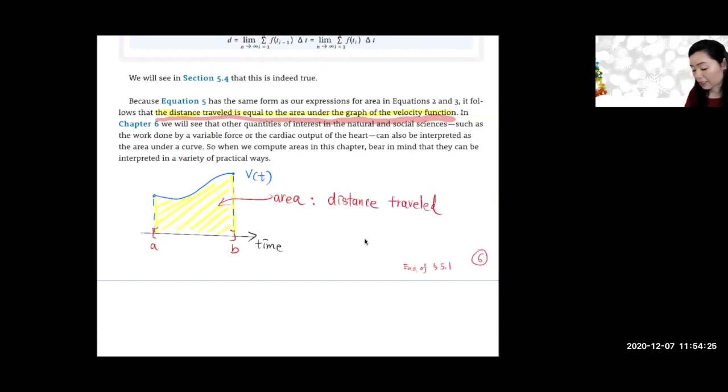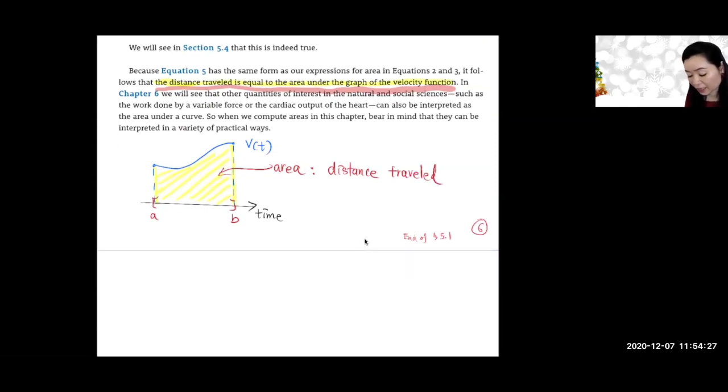Now, which makes sense. Let's think about when the velocity is actually a constant, right? So suppose we have a constant velocity. Then what happens from A to B?